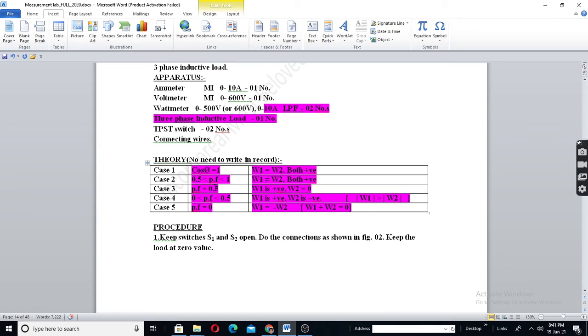When power factor is lesser than 1 but more than 0.5, W1 and W2 both will be positive.